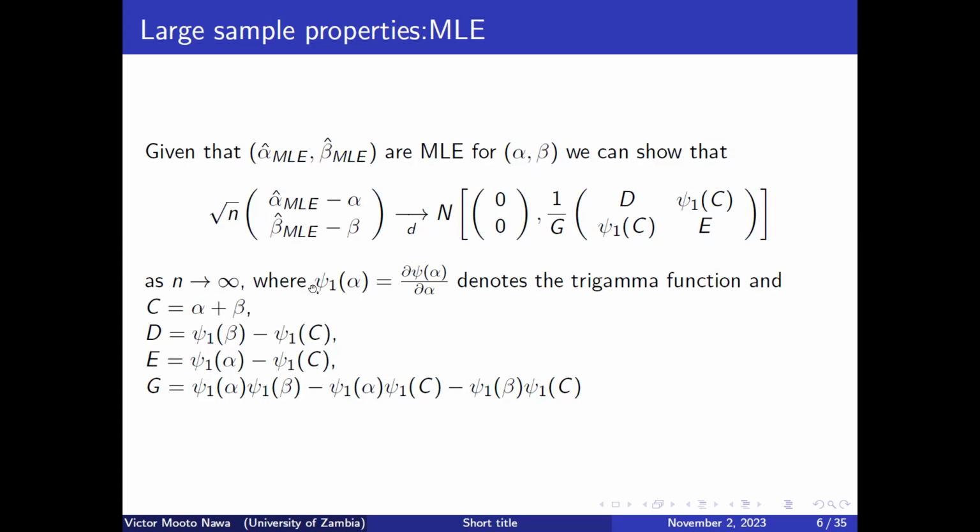We will use C to represent the sum of alpha and beta, and D as the difference between these two trigamma functions. E is also a function of trigamma functions, and so is G. So this is the asymptotic covariance matrix for the maximum likelihood estimator.